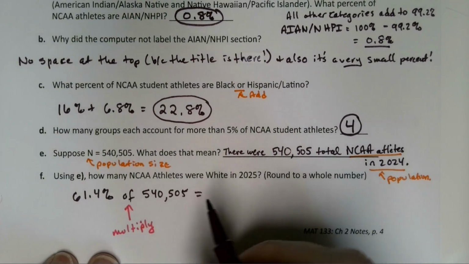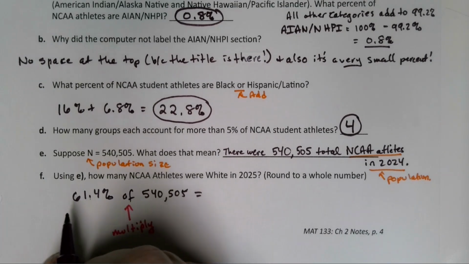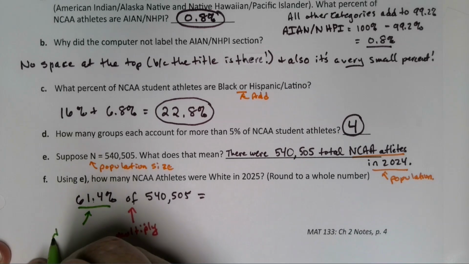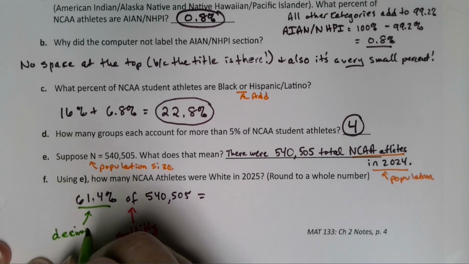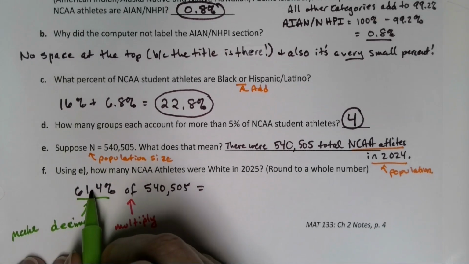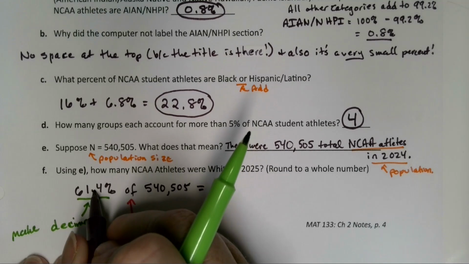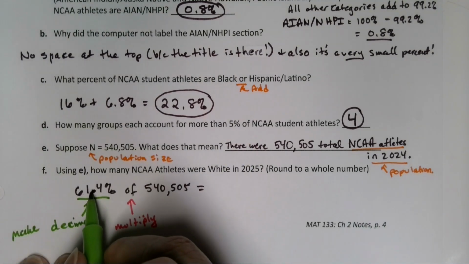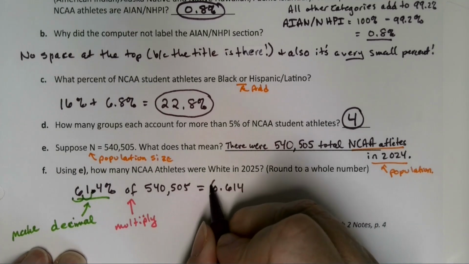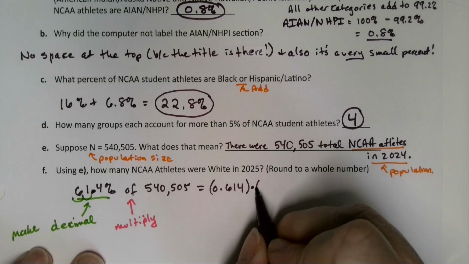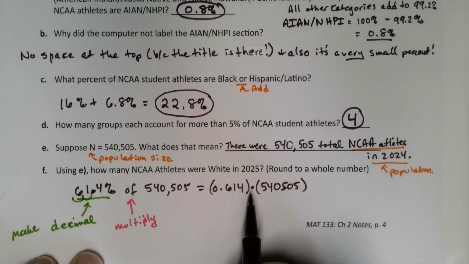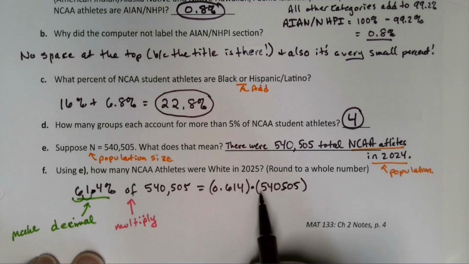So to do this, we would actually multiply the decimal. So you'd have to turn this into a decimal. To do that, because it's a percent, you move the decimal point 2 spots to the left, 1, 2, and it becomes 0.614 times 540,505. Now, multiplication can be written with a dot, or you could use parentheses, or both.